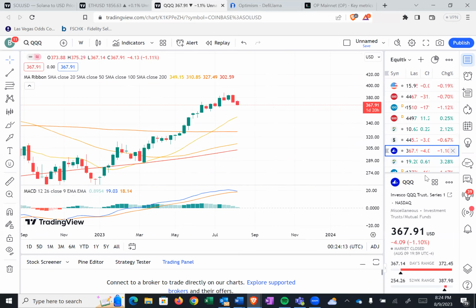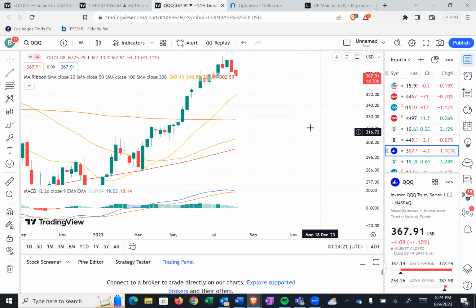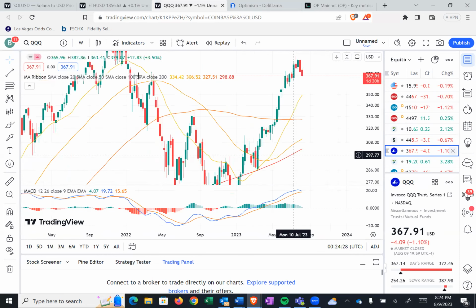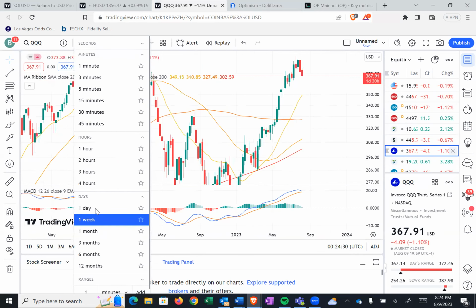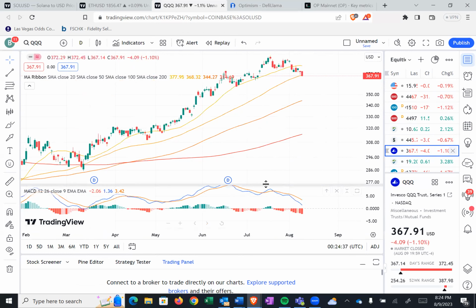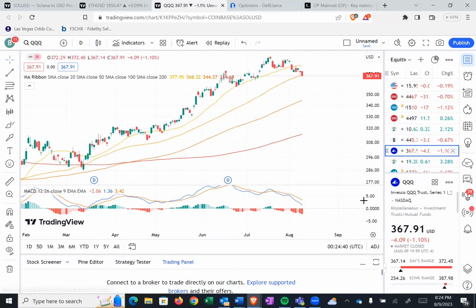People are rotating out of tech, and so where do they go if tech is sort of overspent? And look how far above the 20-week we are, and the weekly is about to cross bearish. If we look at it on the daily, we already crossed bearish, and we had weaker green, which is an obvious sign of a top, weaker RSI.